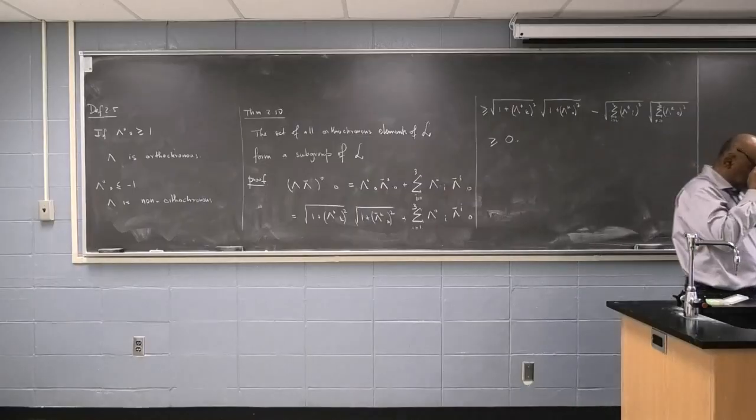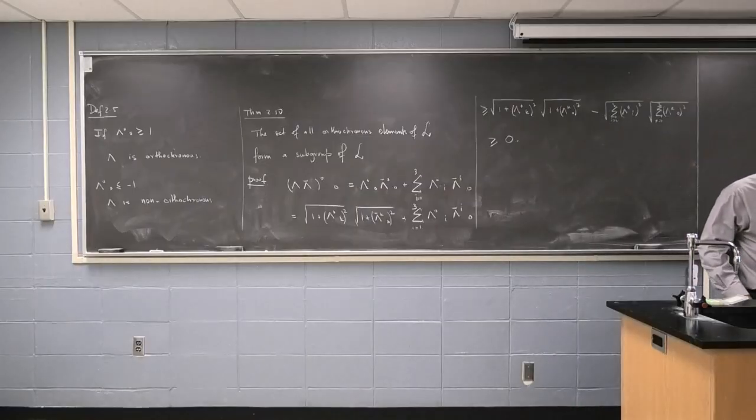It's actually bigger than 1. Let me see how I wrote it in my notes. At the moment, we don't care, because we know it's a group. It has to be bigger than 1, so it's either bigger than 1 or smaller than minus 1. But all we have to do is show that it's positive. So it has to be bigger than 1.